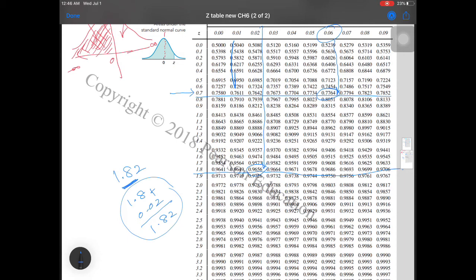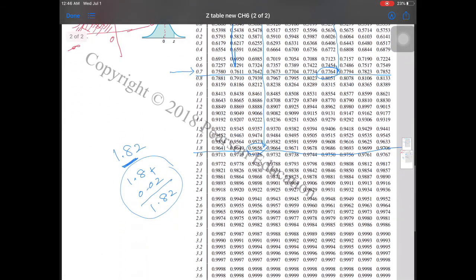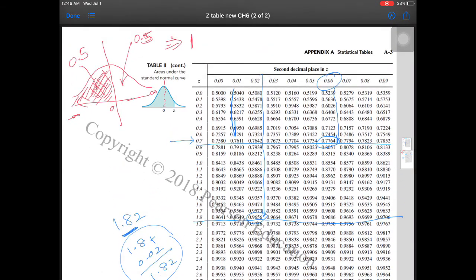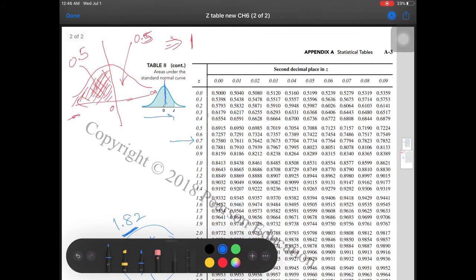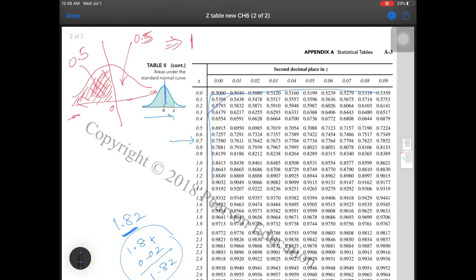You cannot find 0.04 in table 2. See, all values are greater than 0.05. Because of this, all values start from 0.05. Now you have to focus on whatever is inside.